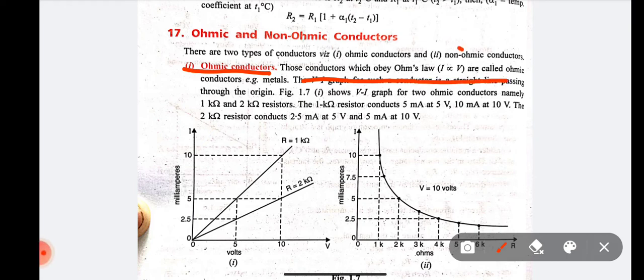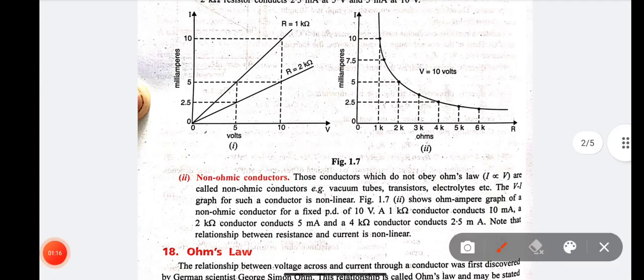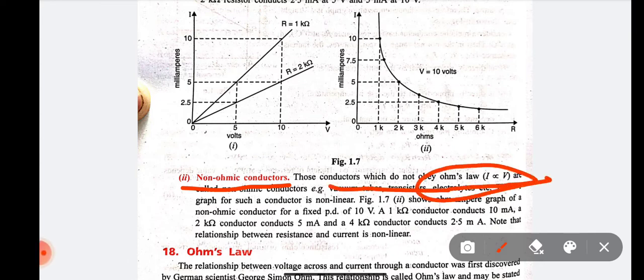As we know, Ohm's law means V is directly proportional to I, and I is directly proportional to V. Those conductors which follow or obey Ohm's law are ohmic conductors, right? And those conductors which do not follow Ohm's law are known as non-ohmic conductors.